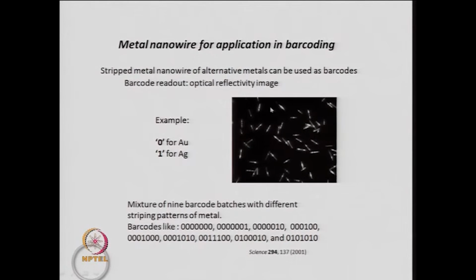So, these metal nanowires which you are seeing, this is an optical micrograph, not a TEM picture, in which you are seeing these different black and white spots actually are coding for 0 and 1, like these are made up of gold and silver. So, this entire rod is made up of gold and silver, and we can write or code depending on, say we want a code 0101, then we have gold silver gold silver.